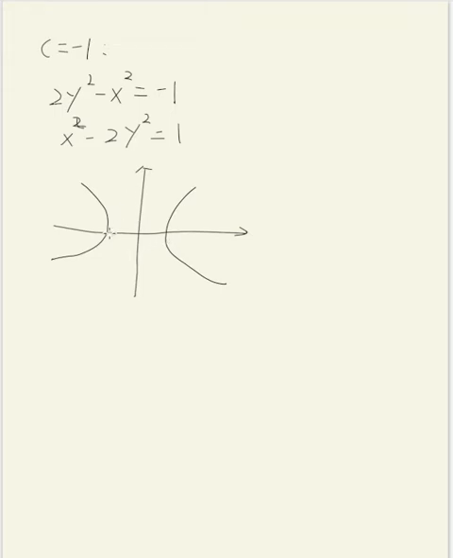Okay? And same story to figure out the coordinates of these two points, the leftmost point and the rightmost point of the two curves. You just plug in y equals 0, you get x equals plus or minus 1, so this is minus 1, 0, and that's plus 1, 0. And the asymptotic behavior, again, you look at when y goes to infinity, then x squared is again approximately 2y squared. So the asymptotic axes are the same as the ones before. Okay?